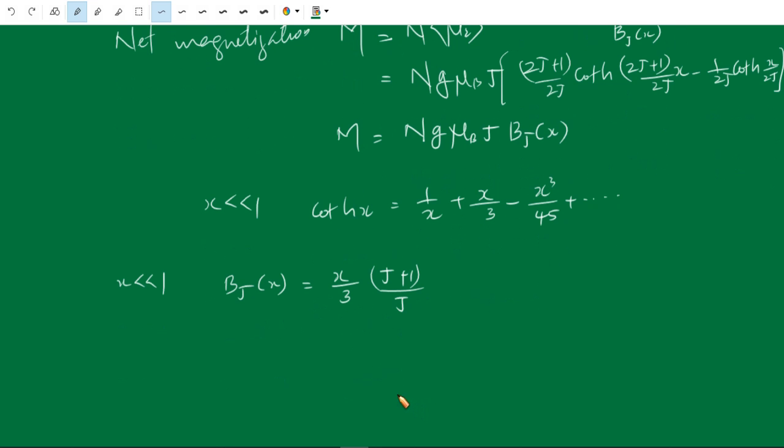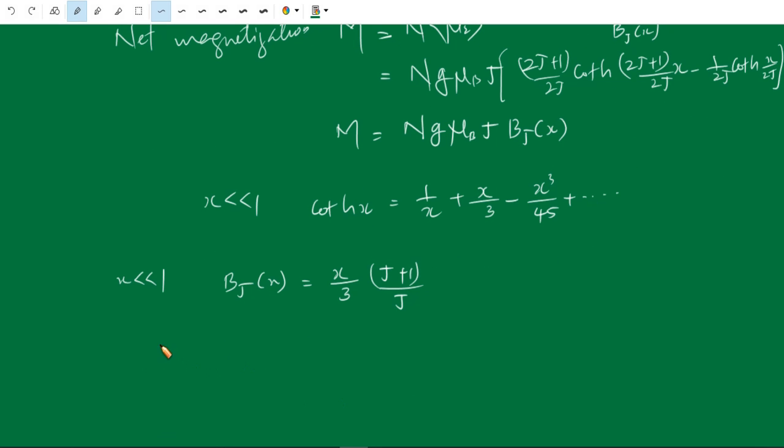If x is very much less than 1, that is if the field is very weak or at high temperature, then Bj of x can be written as x divided by 3 into (j plus 1) divided by j.